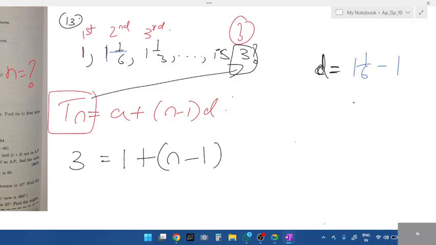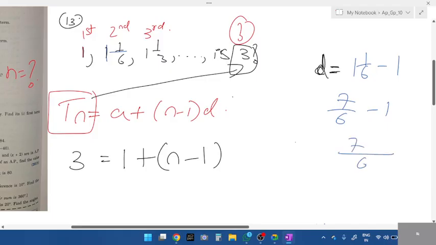How much? 6 ones are 6. 6 plus 1 is... when you take LCM. After this, then what do you get? Yes, when you open the bracket, you get.